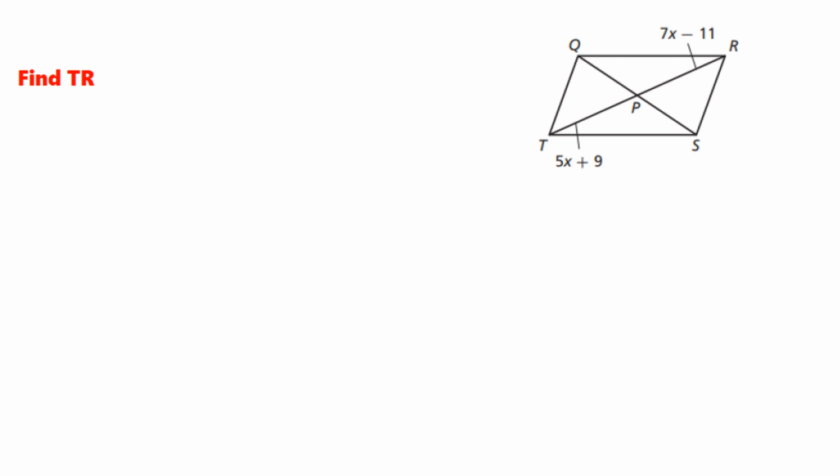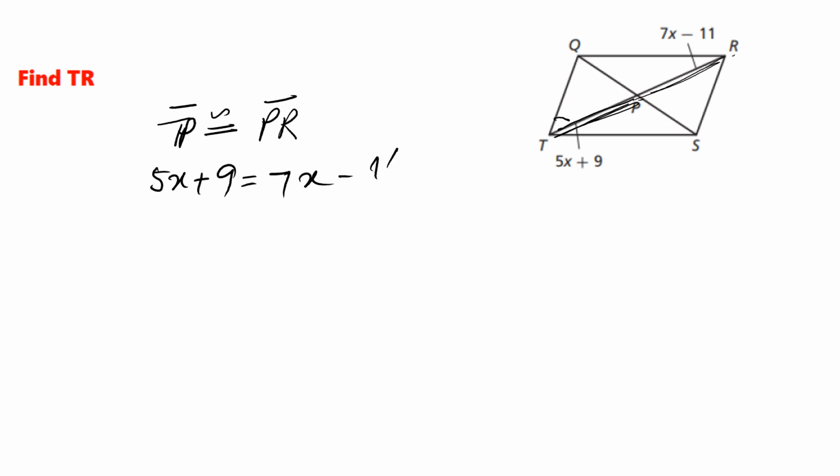Now here also, they are talking about the TR. Find the TR. It means TP and PR are congruent to each other. So first of all, find out that TP is congruent to PR. So TP is 5x plus 9 equals PR, which is 7x minus 11.